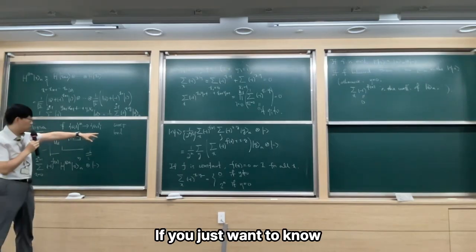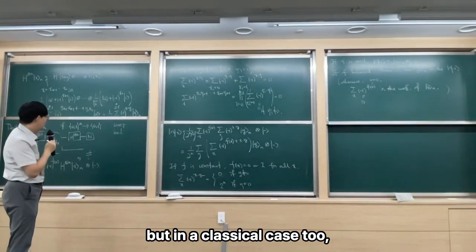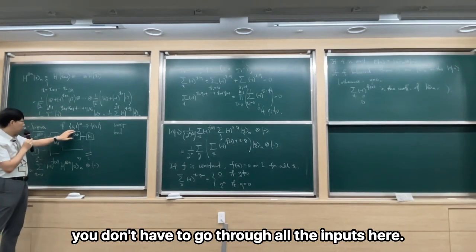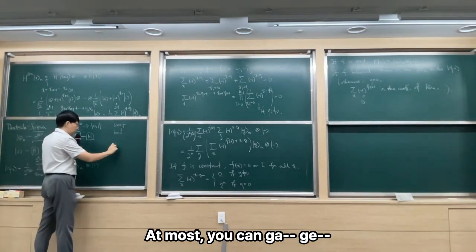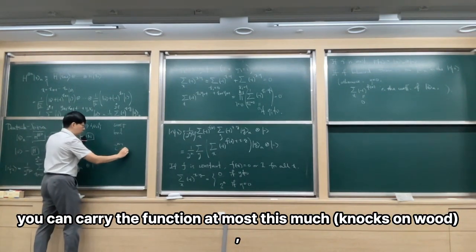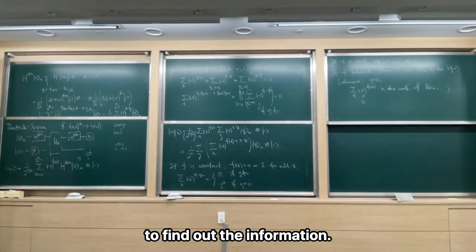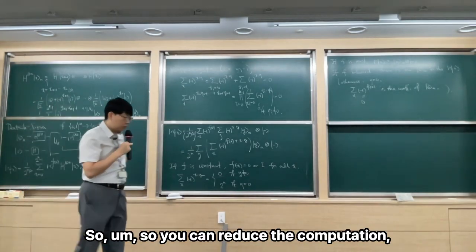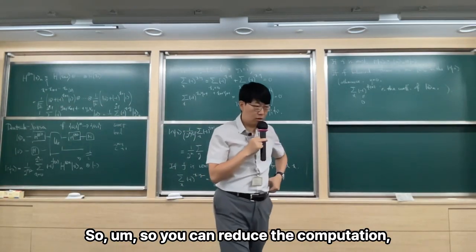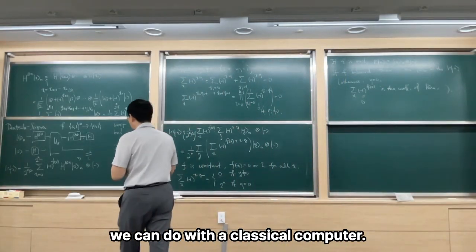If you just want to know about this information, then in the classical case too, you don't have to go through all the inputs here. At most you have to query the function this many times, but that's the worst case scenario, to find out the information. So you can reduce the computation, but this is the best we can do with a classical computer.